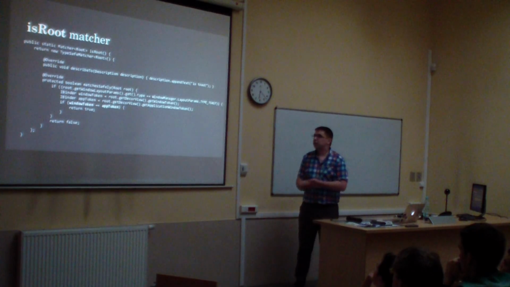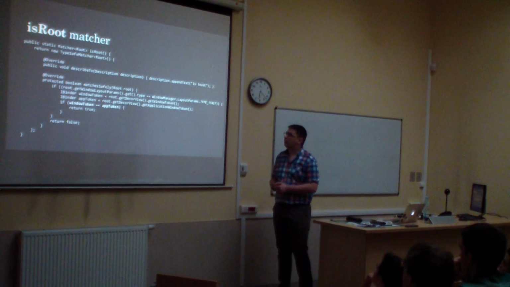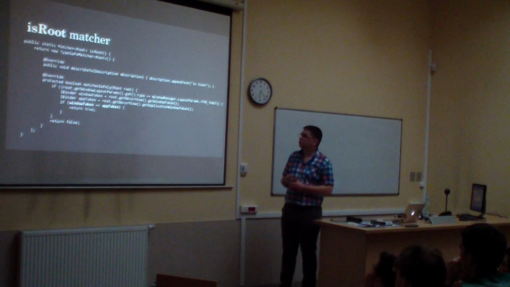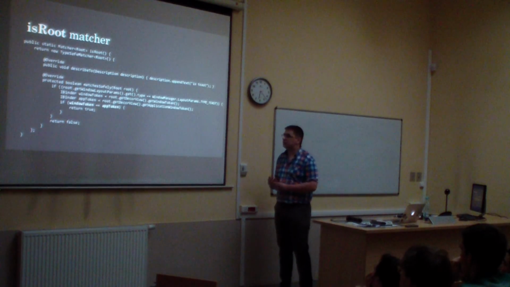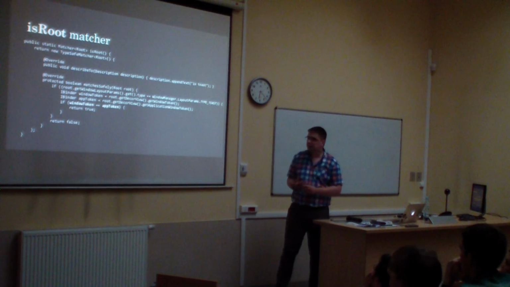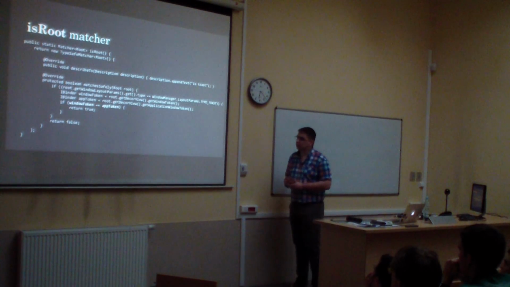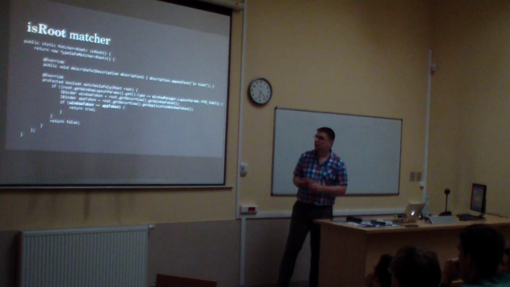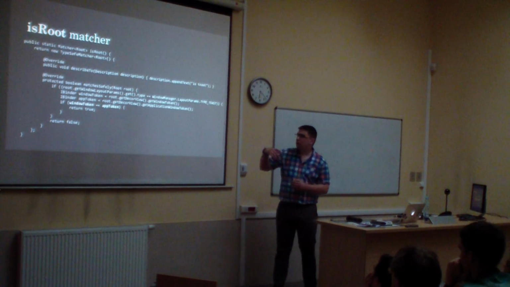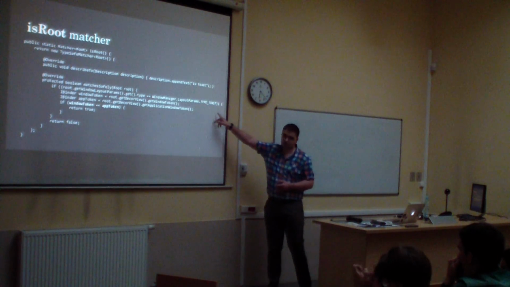But when we talk about the matchesSafely method, it matches our component, what we want, and in this case the main idea is that we compare the window token and the application token. It means that the window must belong to the application. And before that, we verify that our window token or window layout contains the toast.